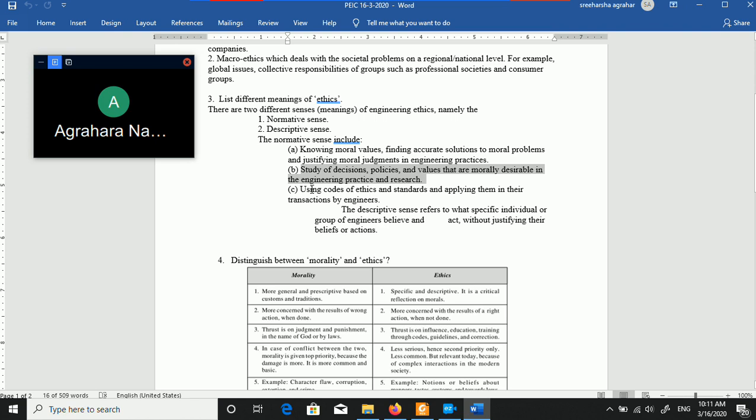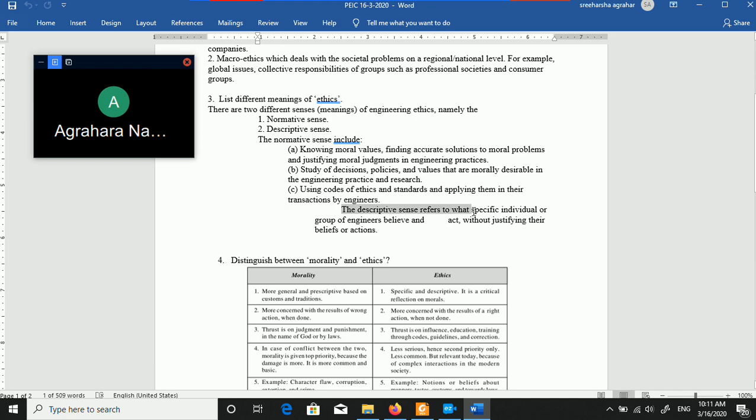Then using the code of ethics and standards and applying them in their transactions by the engineer, means whatever the code of ethics given by any society or the profession as it demands, we need to actually understand and apply them. So this is what we are speaking about in the normative sense.